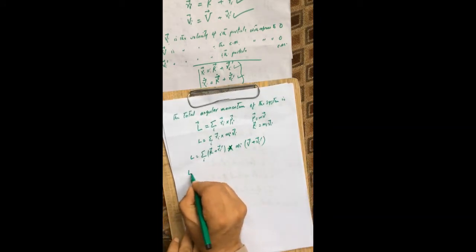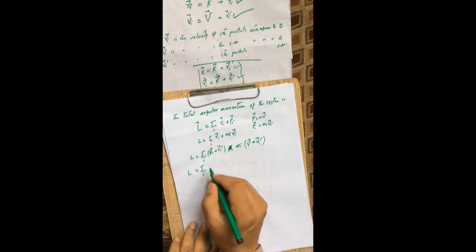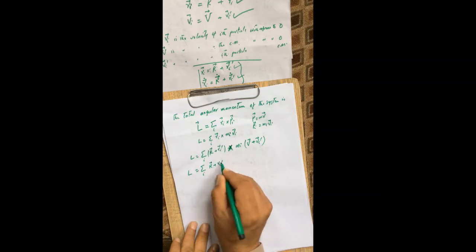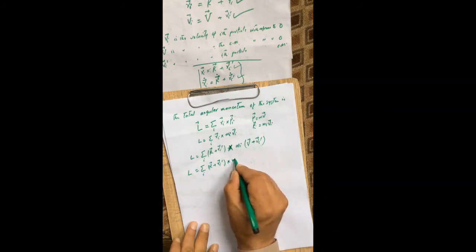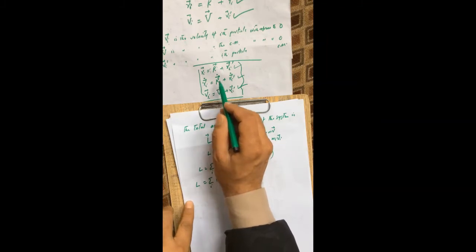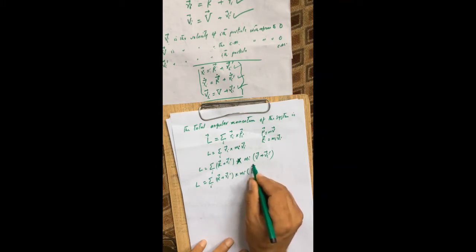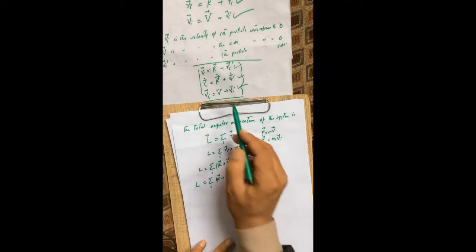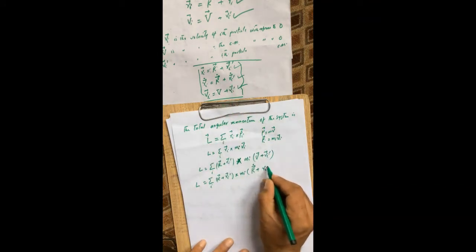The capital velocity V is basically represented by R dot, and Vi prime is basically Ri prime dot, so I replace them.